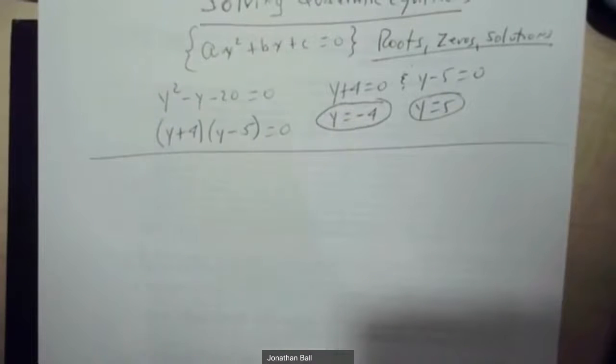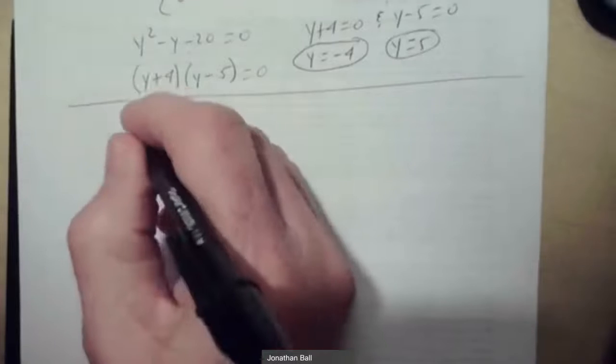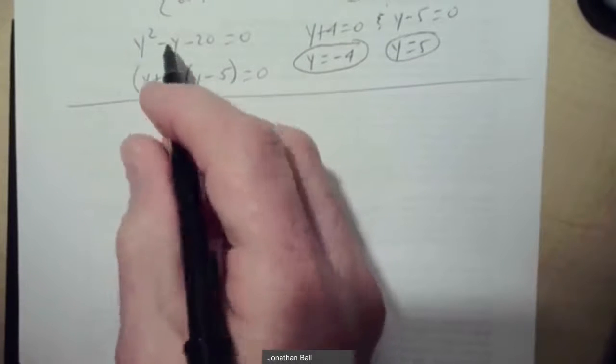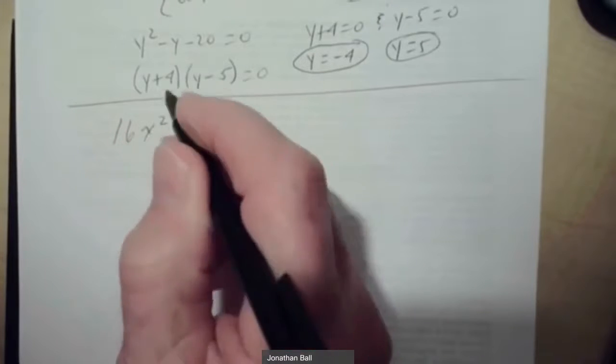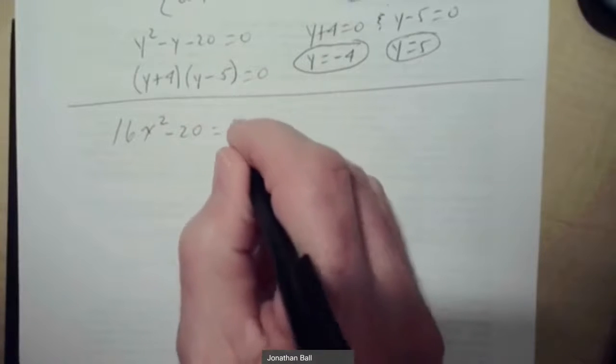Now, if we have this, I'm sorry, I'm going to go kind of fast because you have the ability here to stop and rewind. So if we have 16x squared minus 20 equals 5.